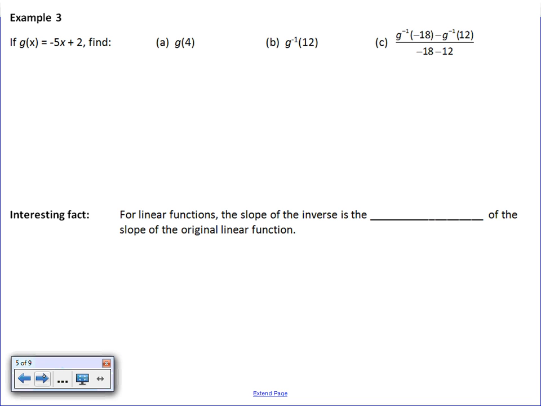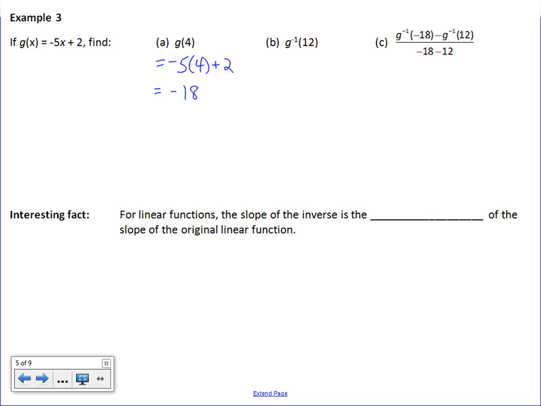The first one, A, should be pretty straightforward. If g at x is negative 5x plus 2, g at 4 is just a plug and chug, which is terminology I tend to use. Plug it in, chug your answer, right? So you're plugging 4 in. g at 4 is going to equal negative 5 times 4 plus 2. What's that? Negative 18. Okay.